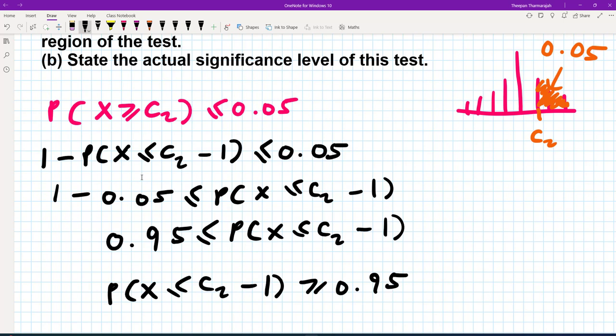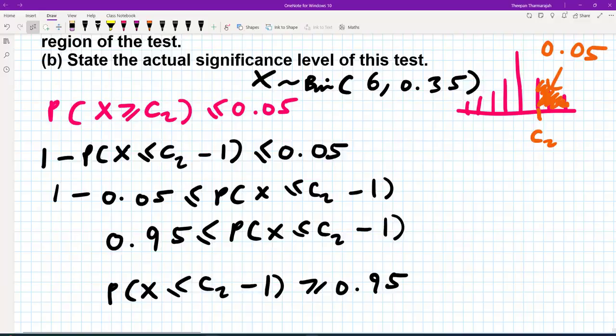Don't forget, in our case, we've got the model that x follows the binomial, where n is 6 and p is 0.35. So we can go to our binomial tables.